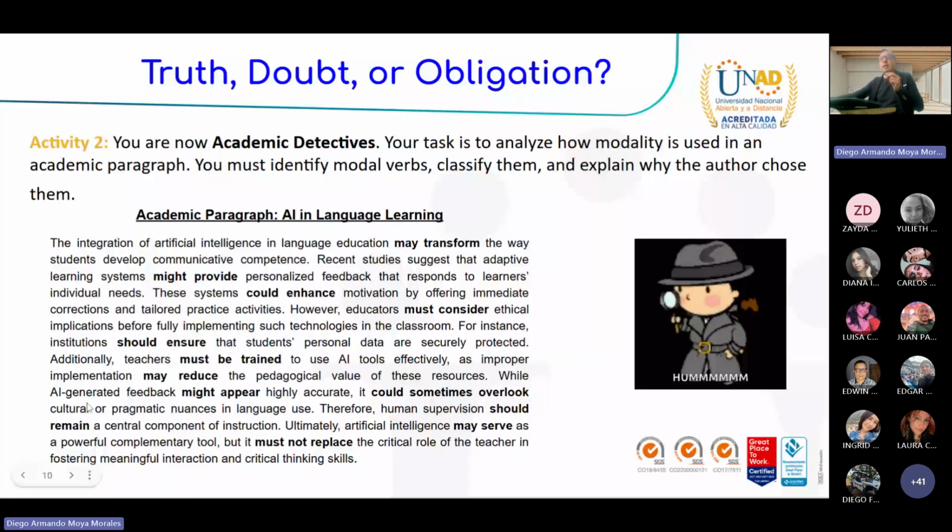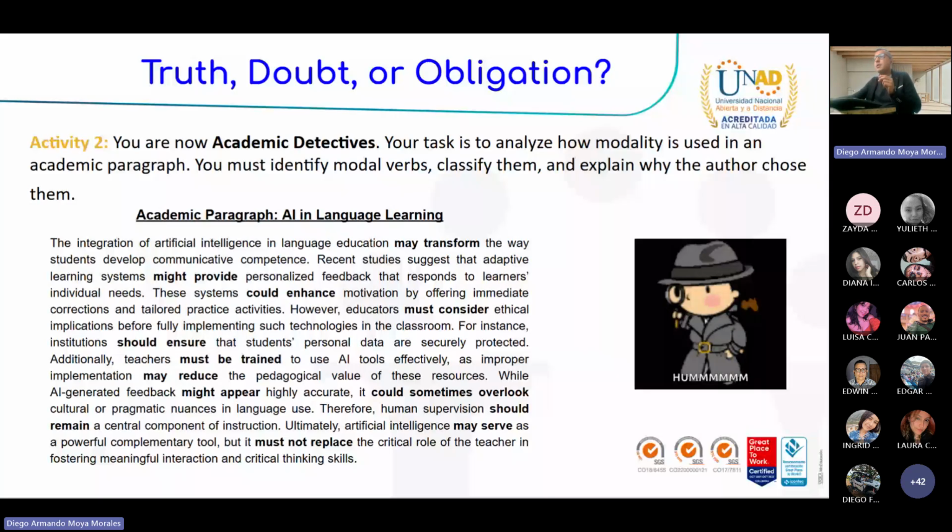While AI-generated feedback might appear highly accurate, yes, very accurate, it could sometimes overlook cultural or pragmatic nuances in language use. Sometimes the AI tools don't pay attention to pragmatic and cultural stuff, right? We all know that.